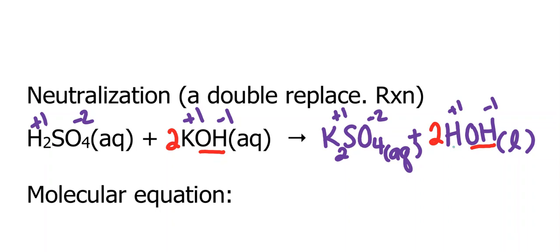Okay, and then next I'm going to look at this hydrogen ion. There are 2, and here's my hydrogen ion here, and there are 2. Let's check the sulfate. 1 sulfate, 1 sulfate, and then I'm back to potassium, so now everything is balanced. Well, that is the molecular equation here.